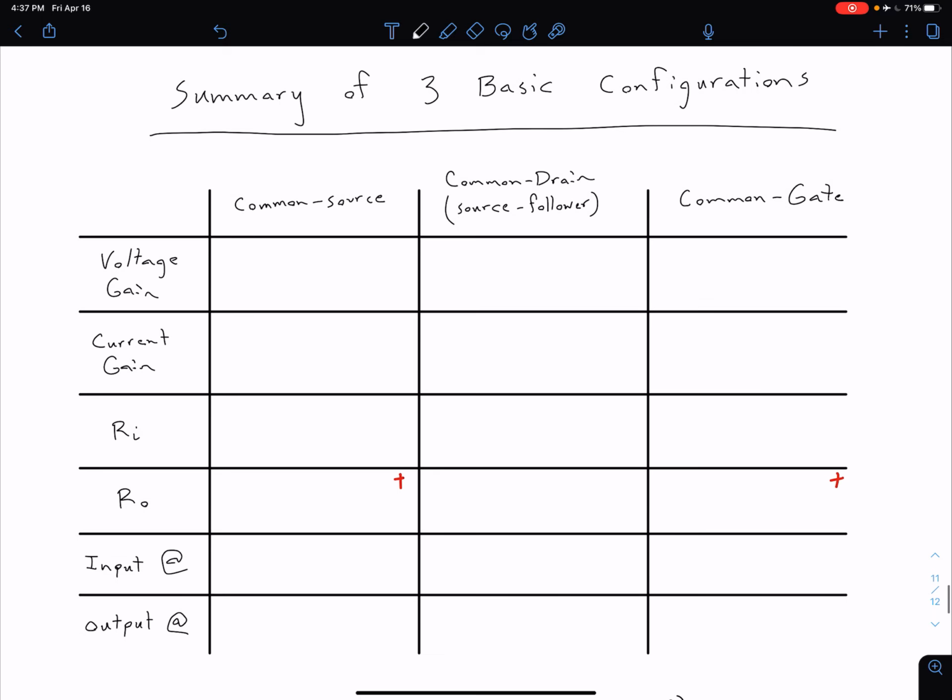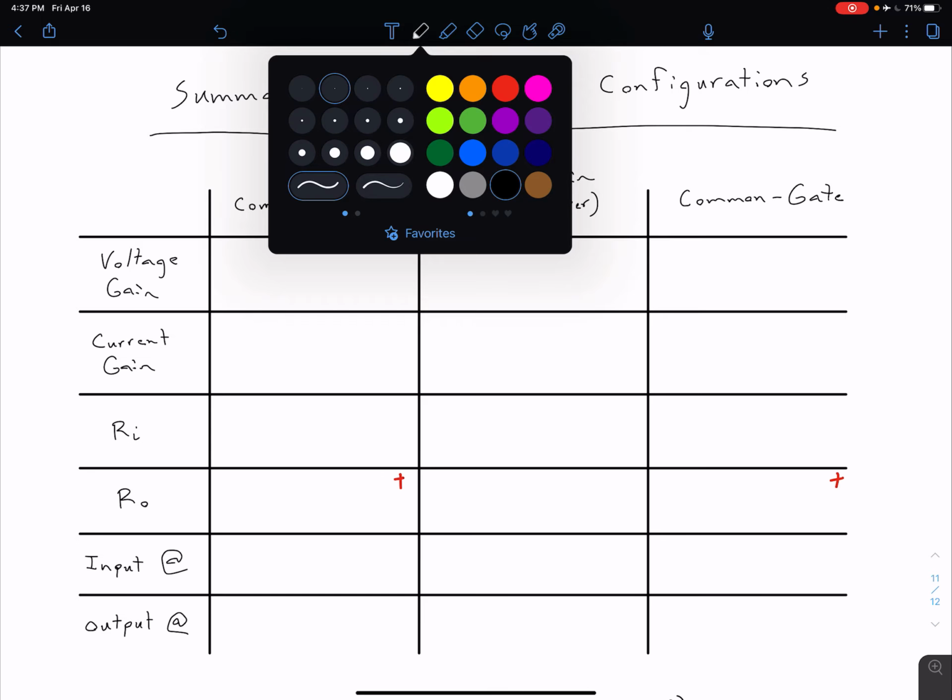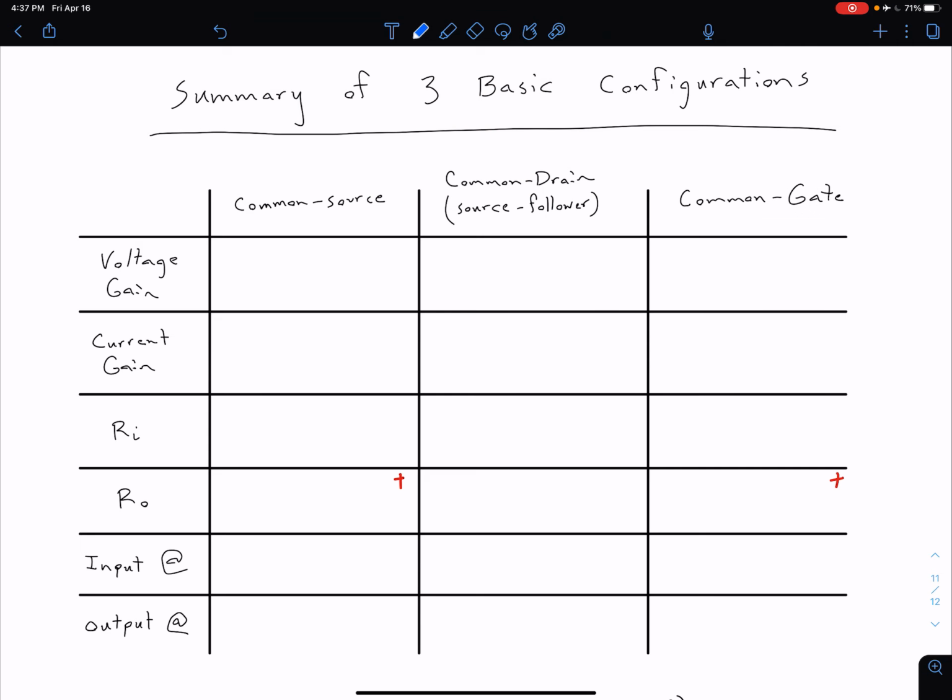So with that being said, let me first point out this commonality between our MOSFET configurations and our BJT configurations. As you might have noted before, we have a very strong similarity between our MOSFET and our BJT.